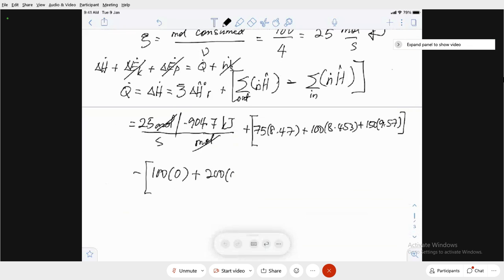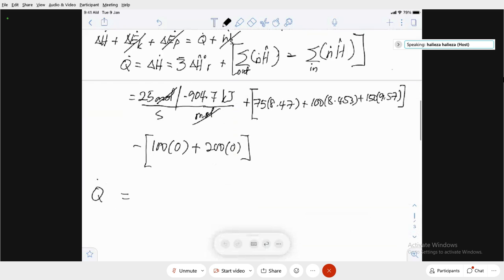Okay, now do the calculation, please. So what is your answer? It should be in kilojoules per second. So let me do that too. 25 times negative 904.7. That is going to give me minus 22,617.5. That's that part.